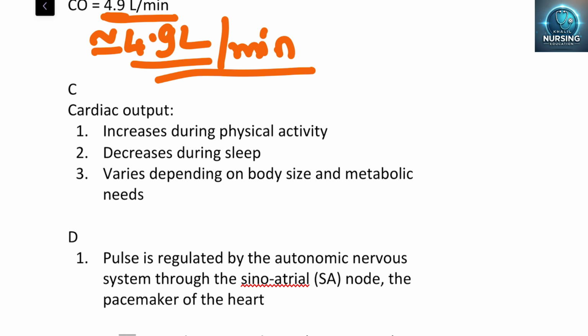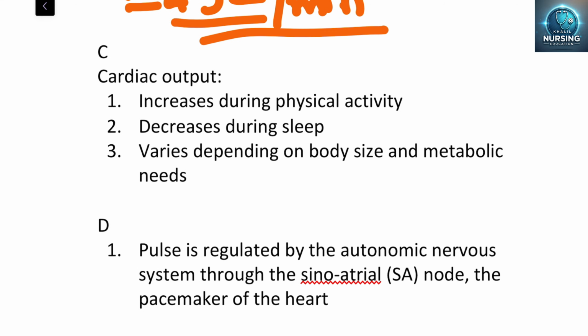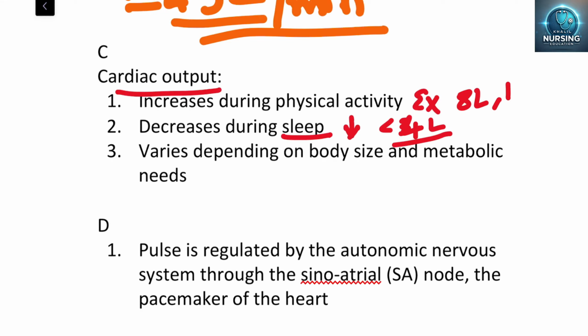So next, cardiac output: how does it change? It increases during physical activity. If they are doing any exercise, that time it will increase. Or if they are sleeping, cardiac output will decrease somewhat, to less than 4 liters. If they are exercising, it will go up to 8 or 10 liters per minute.